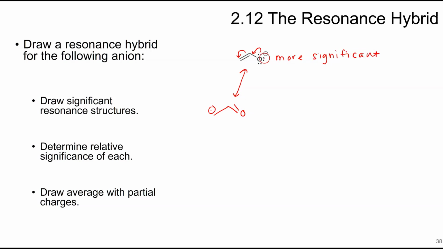So this oxygen is better at holding the negative charge versus the carbon holding the negative charge. So this is going to be the more significant one. And then we draw the average with partial charge. So we have oxygen and our dotted lines. This is partially negative, partially negative.